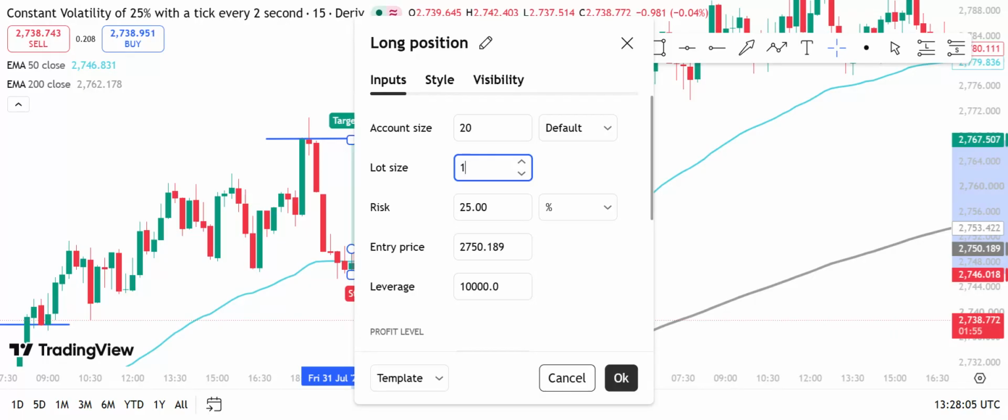Let's say you had entered with 1 lot, percentage risk. What's our percentage risk? What is 25%? $4. If you risk $4, it means you got 4 chances. But let's just see what happens. Our leverage is 1,000, right? On Deriv. So let's see. If we're using Deriv.